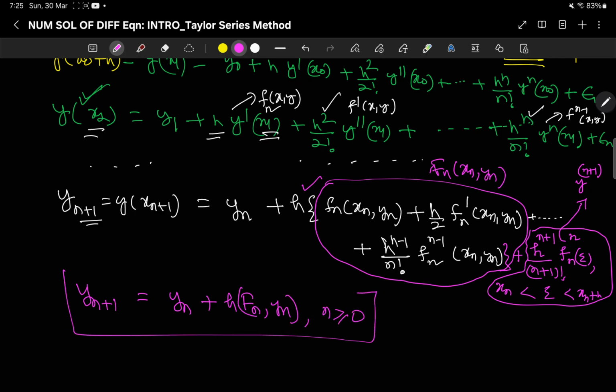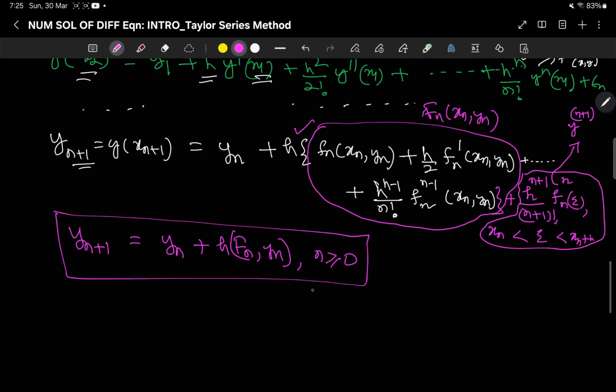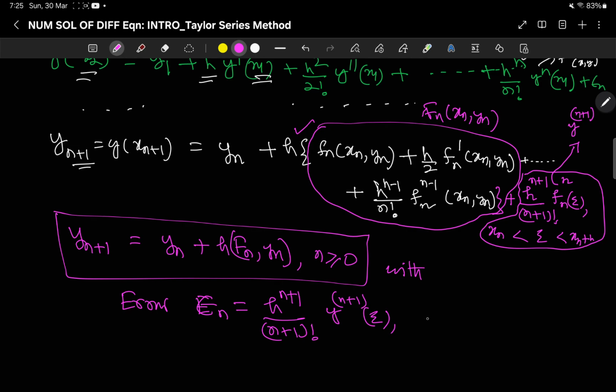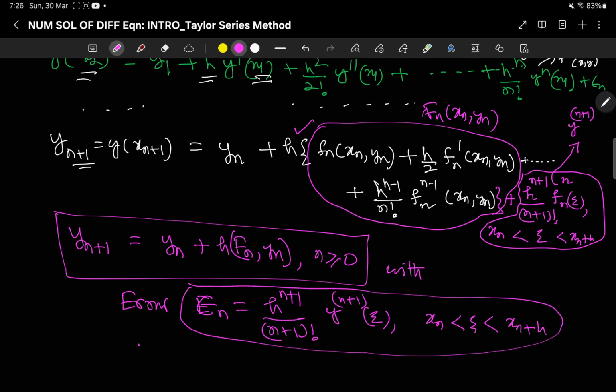So this is the Taylor series formula with error En or epsilon n equal to h to the power n plus 1 by factorial n plus 1, y's (n+1)th derivative at the point zeta, some zeta lying in between xn and xn plus h. So this is the formula for the Taylor series expansion.